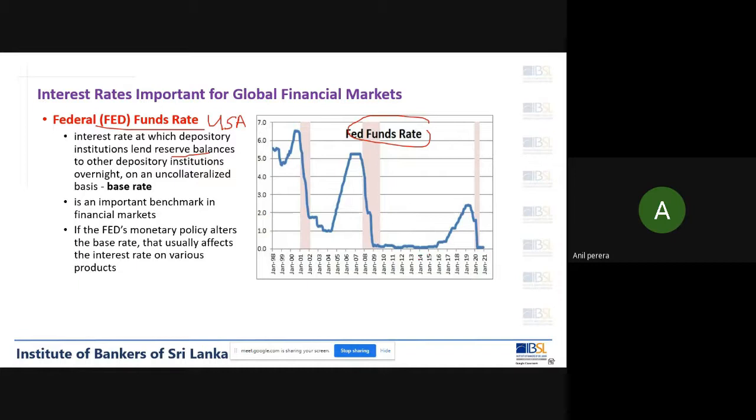You can see during the crisis period also, they had interest rates closer to zero. Even now, during the COVID pandemic period, they have interest rates at very low levels. So this is the benchmark rate for the US economy, and that is an international rate because most of the international markets rely on this rate.